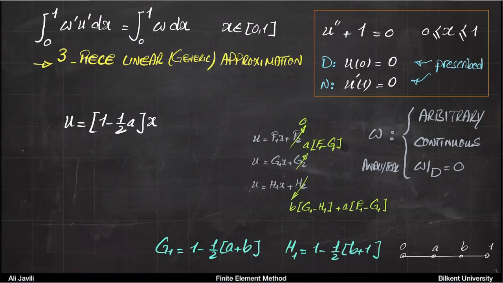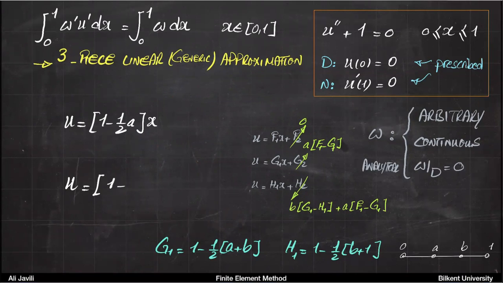In the second piece, U is now G1x plus G2. G2 is itself A times F1 minus G1.